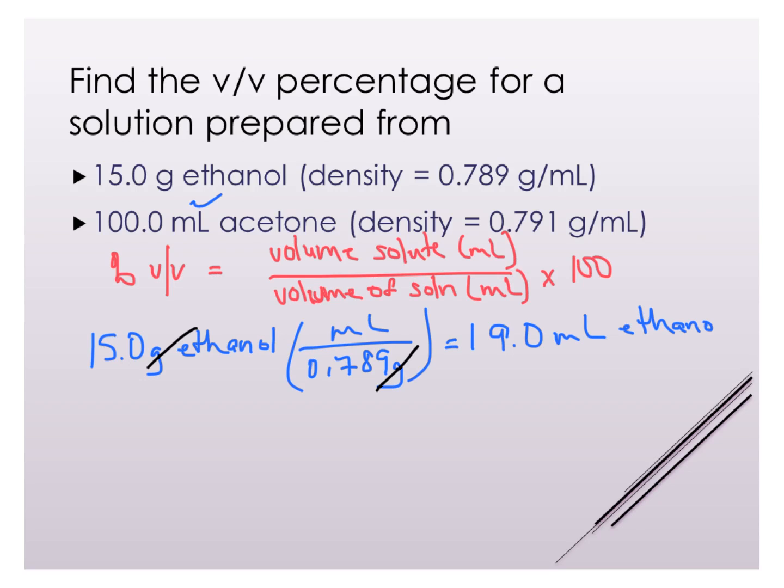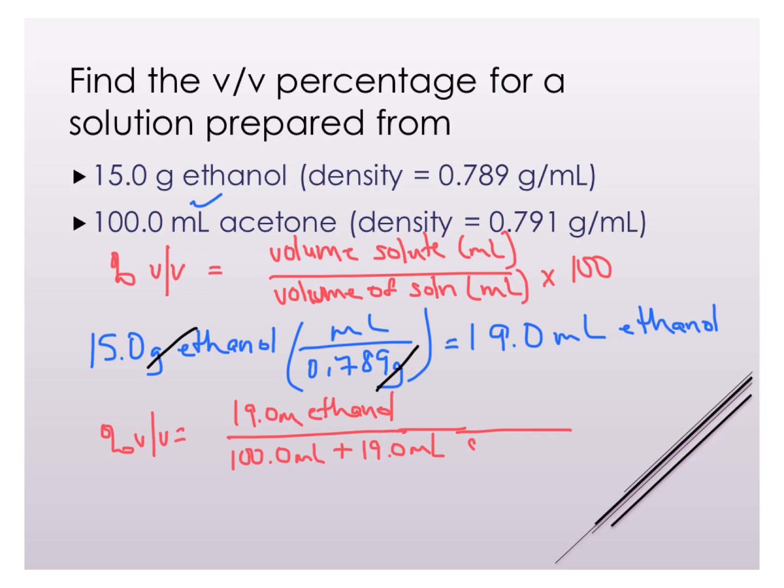So now I know the volume of my solute, and so I can go back to my original formula and say percent by volume equals 19 milliliters of ethanol over, and I've got to combine my volumes now because I have 100 mils of my solvent plus 19 mils of my solute, and so together they give me the volume of the solution.